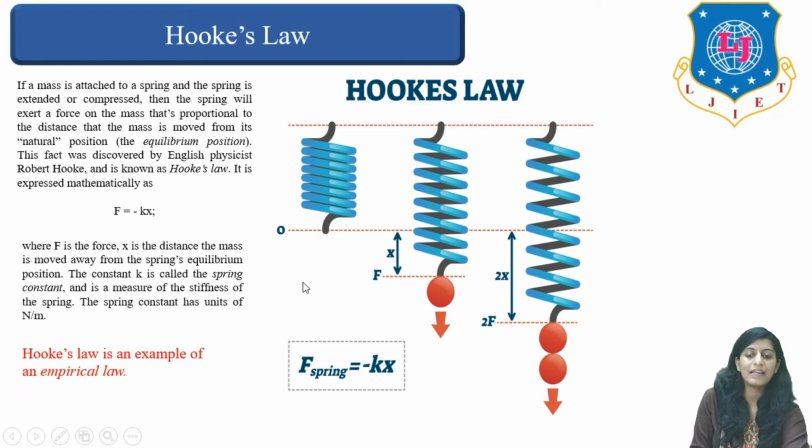Suppose we are adding a metal ball to this spring. So what will happen? It will suffer elongation. It will move a distance, right? So this was the equilibrium position and it moved to this particular position. Clear? So this movement or this distance is travelled by the spring, right?